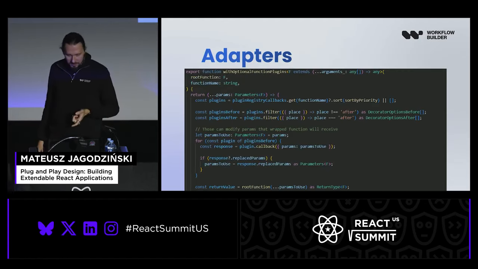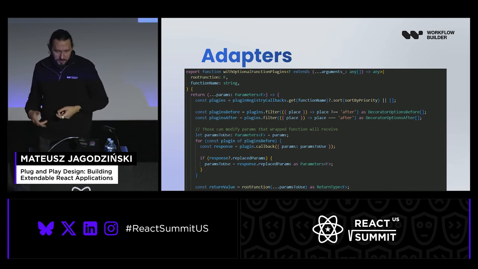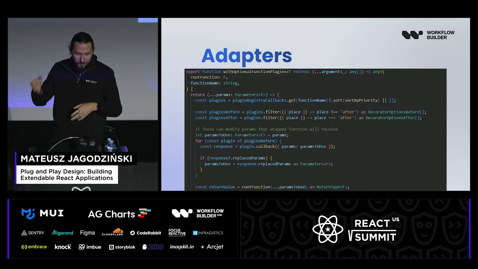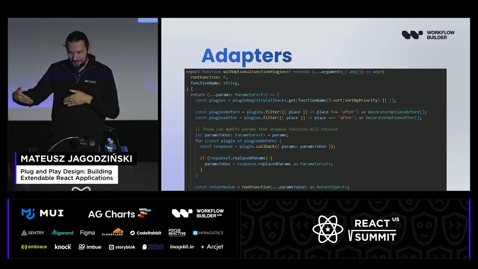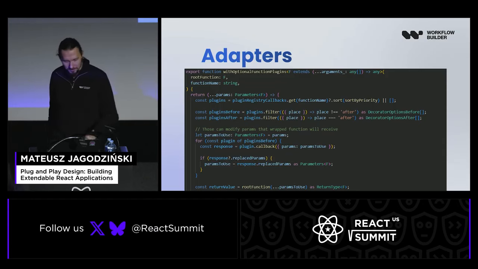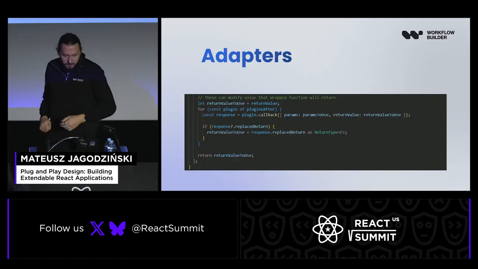Now, besides an adapter for the components, we do have an adapter for functions. We can take any function within the code, wrap it with this adapter, and change the input values or output values of that function and return it.